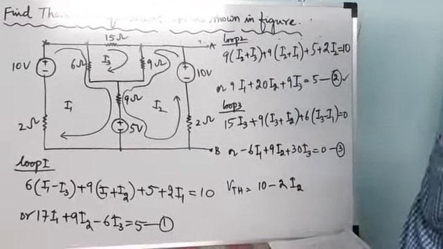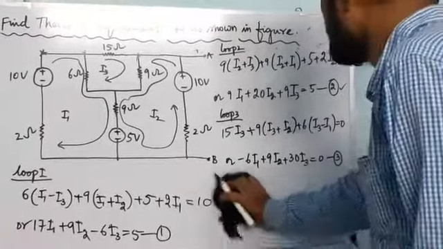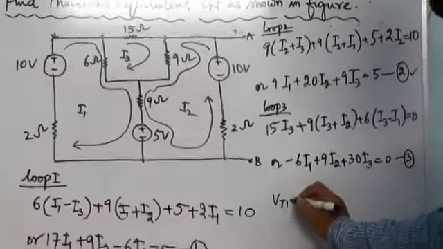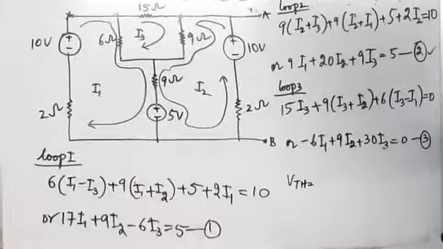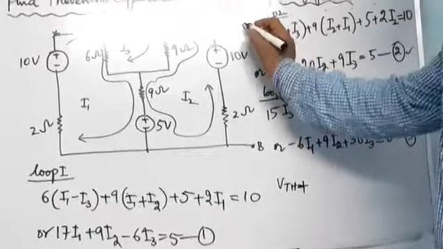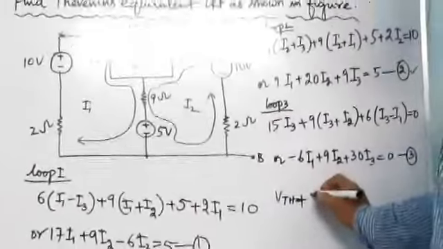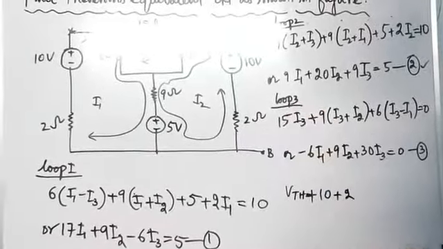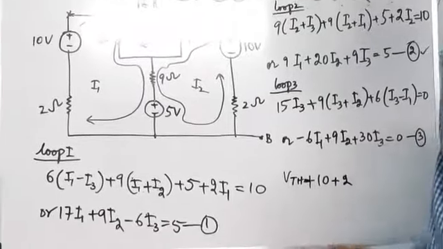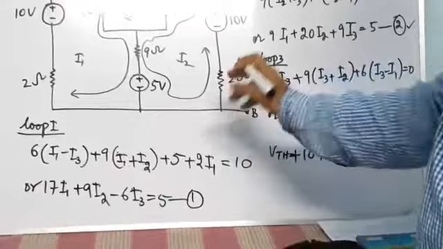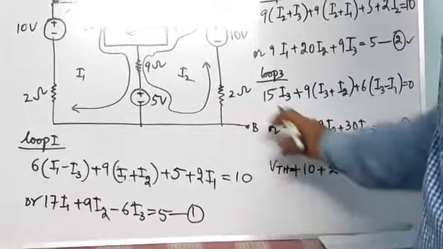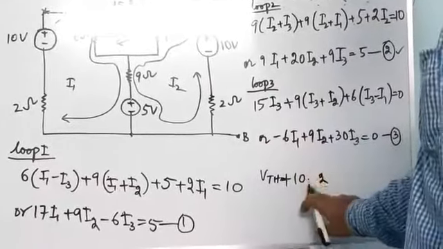Or you can take it like this also: VTH is equal to 10 plus 2 into, what is our direction of current? Here our direction is opposite, so minus.